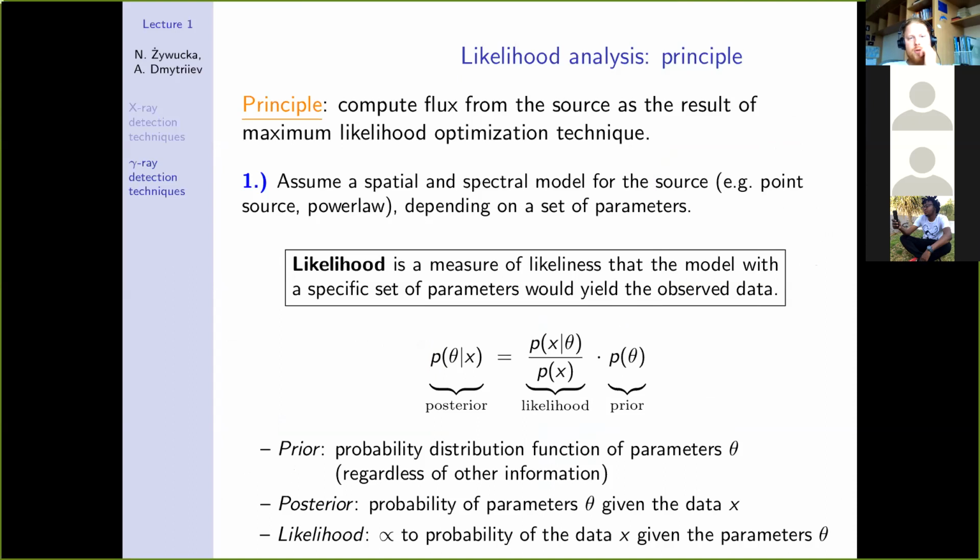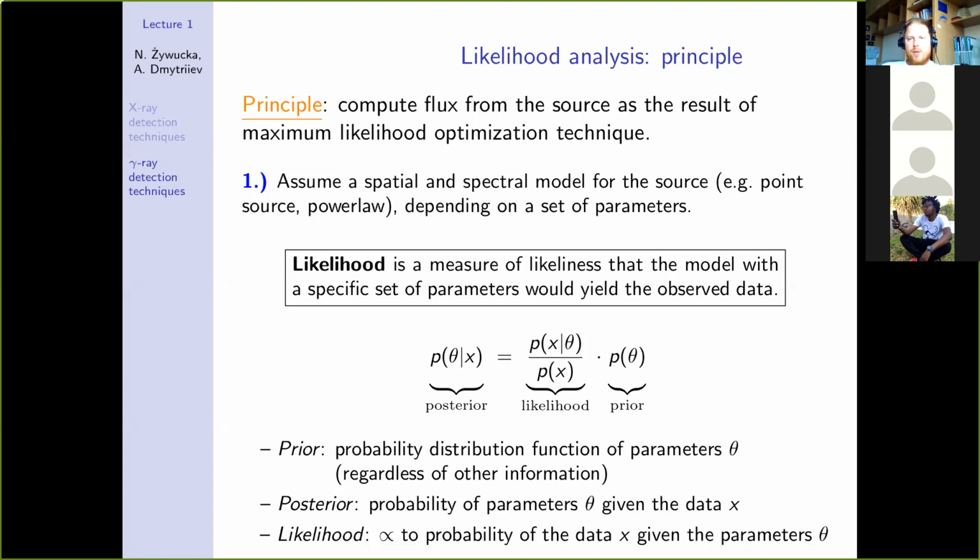So we need to assume a certain model of our source. If it's an extended source, we assume its shape, then we assume its spectrum, so how the flux is distributed over the energy. So it's a power law with a specific slope, or something else if the spectrum has curvature.